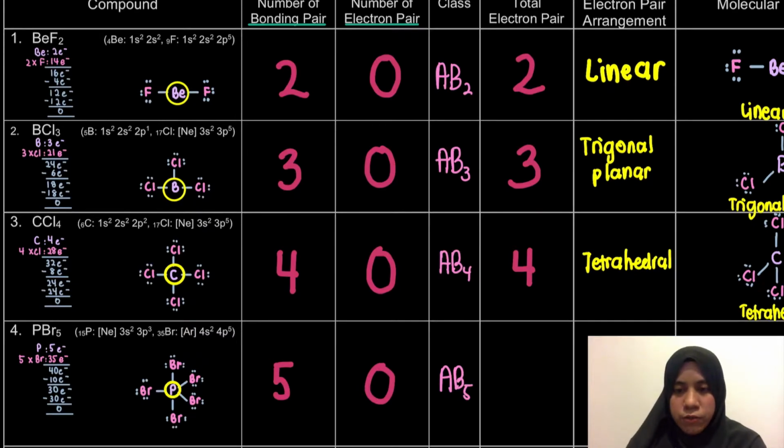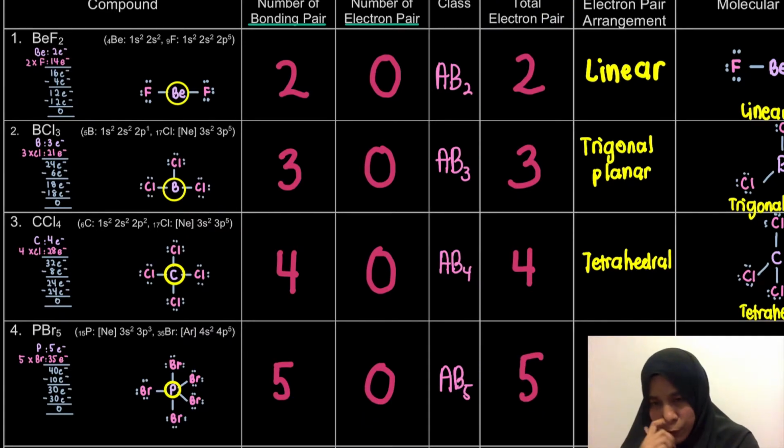Okay, total electron pair is tambahkan dua-dua ni. Sebenarnya sini dia jadi 5. Siapa yang buat notes tu, make sure yang memang bonding pair ni sebelah dengan electron pair arrangement. Yang ini sebenarnya penting bila kita nak tengok yang central atom with lone pair tu nanti. Okay, so sekarang ni dia jadi 5 kan. So what is the shape?